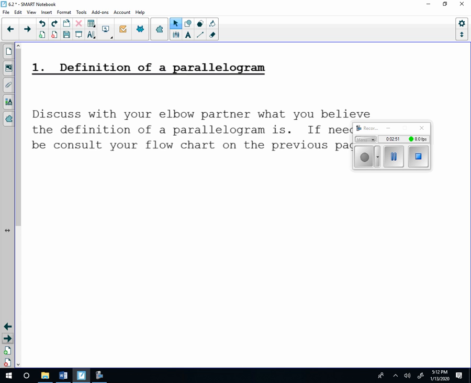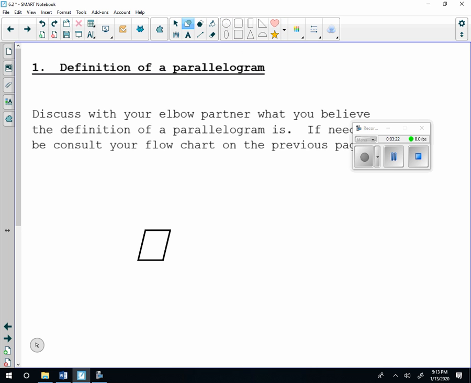As we went down the flowchart in one direction, we got a little bit more specific, and that is a parallelogram. Yes, it's a four-sided polygon, which is a quadrilateral, but if it is a quadrilateral in which both pairs of opposite sides are parallel, it can now be classified as a parallelogram, which is pretty cool.